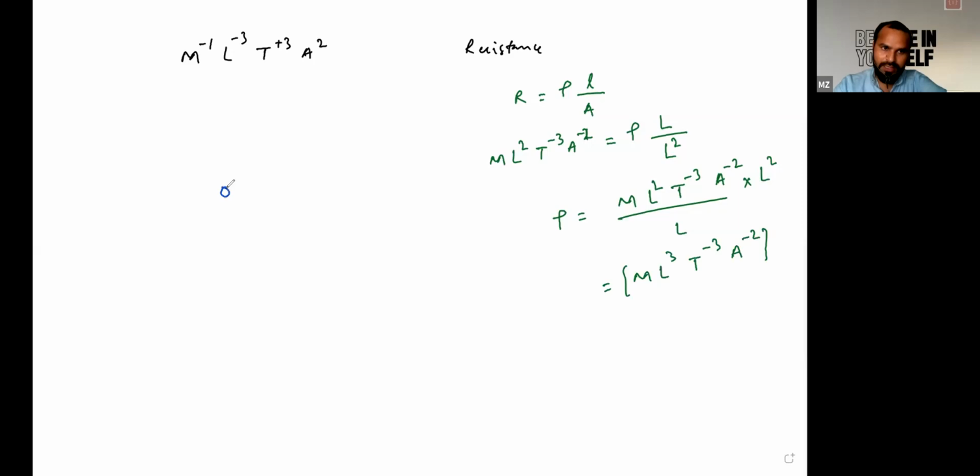As we know, conductivity is denoted by sigma, which is the reciprocal of resistivity. If we take the reciprocal of this whole part, it would be M to the power -1, L to the power -3, T to the power +3, and A to the power +2.